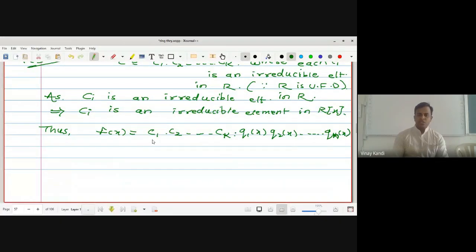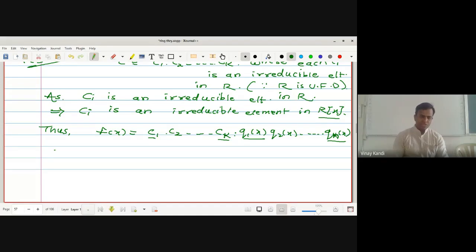Now look at here. This C1 up to Ck are all irreducible elements in R of X. This Q1 is also an irreducible element in R of X, and so on, this Qn is also an irreducible element in R of X.